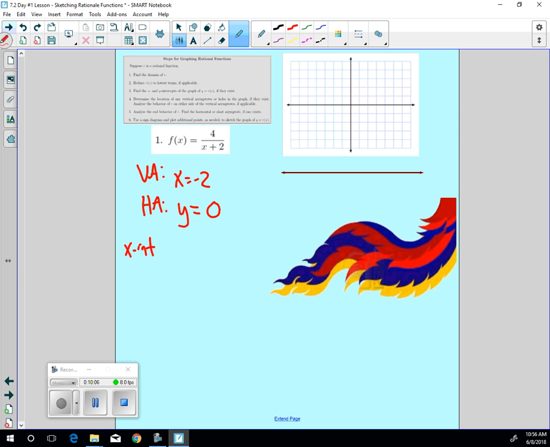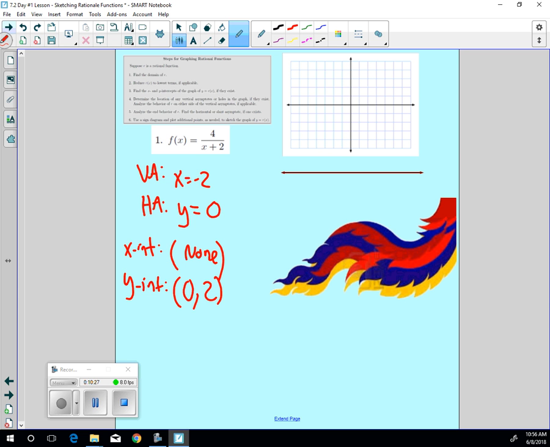We set the y equal to 0. And there is nothing, if you set y equal to 0, there won't be any x-intercepts. Y-intercept, you put x equal to 0, and that's just going to be 4 over 2, or 2.